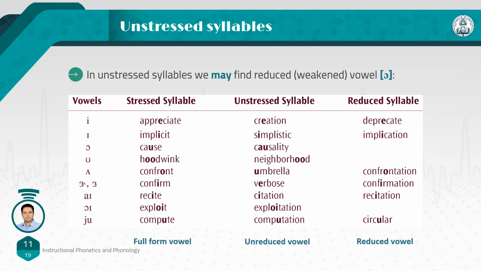Now look at the last column. Deprecate. Here E is located in an unstressed syllable and the vowel is reduced. If you pay attention, you do not hear E completely. This is the case for other words in this column too.